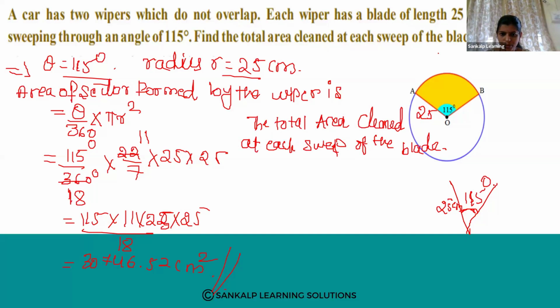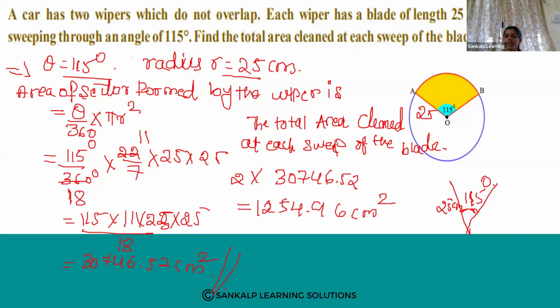That means 2 into total area 746.52. So we will get 1254.96 centimeters square. So this chapter basically depends on the calculation. The complete chapter depends on calculation. So do the calculation correctly.